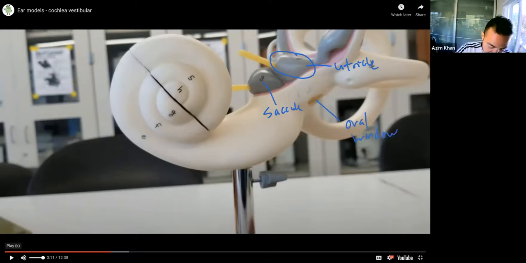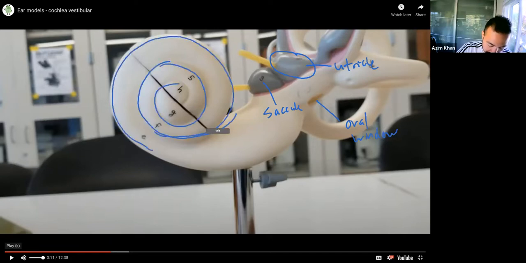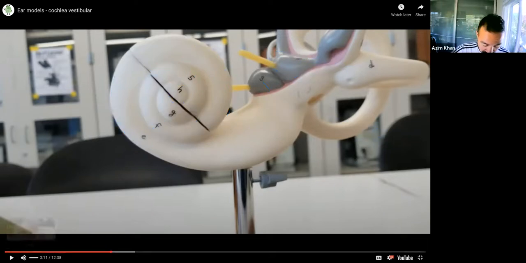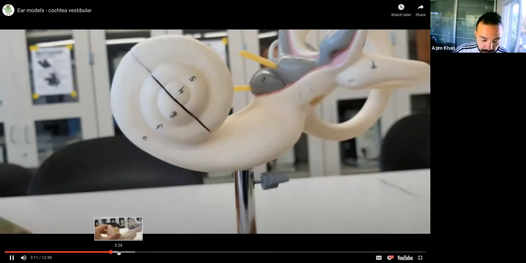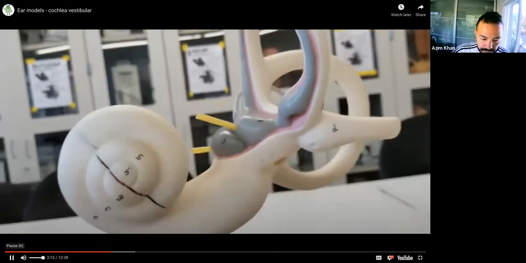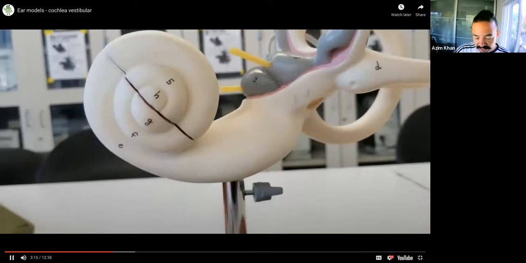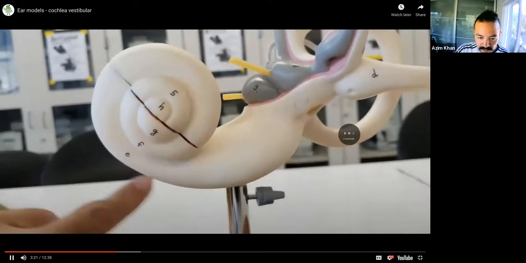Looking more at the cochlea, look at how it spirals around and around and around. If we cut into the cochlea and look inside, we'll be able to see the different ducts. So let's remove that half that's done here in this model.